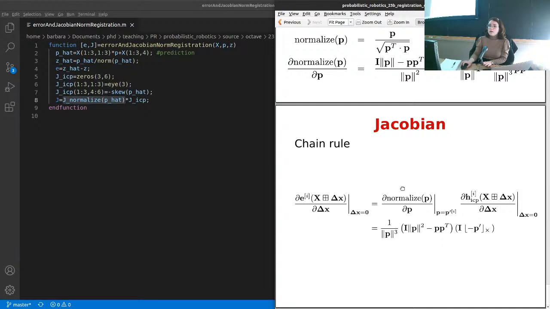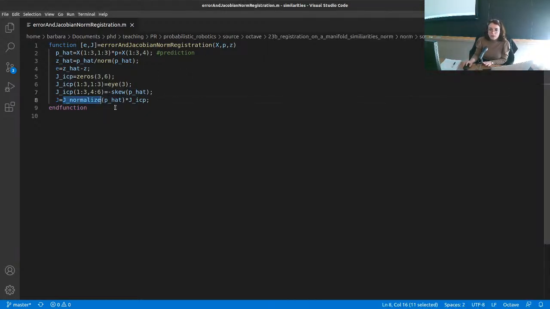The only thing to note is that you could write down your own J-normalize or use the J-normalize function in the geometry helpers 3D. Okay.